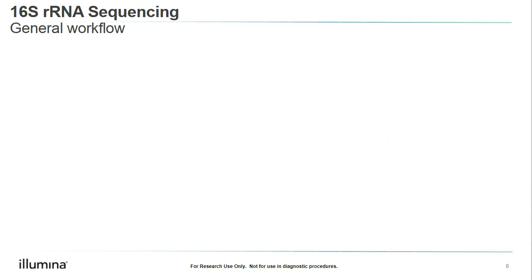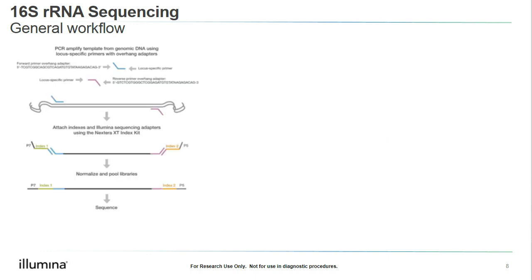The general workflow for 16S ribosomal sequencing, according to the Illumina protocol, is that we amplify the V3 and V4 regions using specific primers, with a length of 460 base pairs. Then the product goes through the library prep process using, for example, the Nextera XT library prep kit.